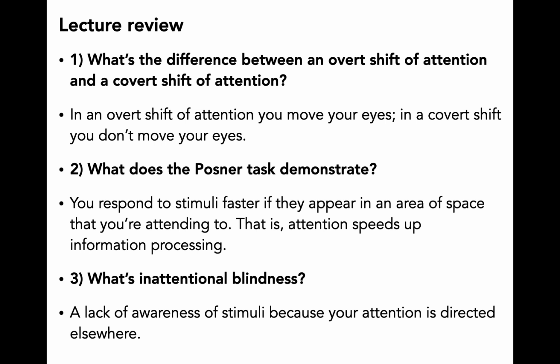Counting the number of basketball passes in a group of players throwing around a basketball. And whether you show inattentional blindness depends on the difficulty of the task, as predicted by perceptual load theory, right? If the task is very difficult, you're more likely to be blind to other things in your world. And what this task shows in combination with change blindness, right, is that you need to attend to things in your world in order to fully perceive them.